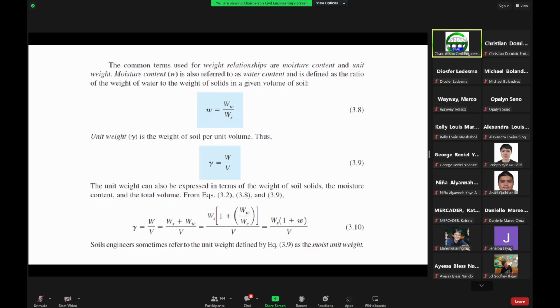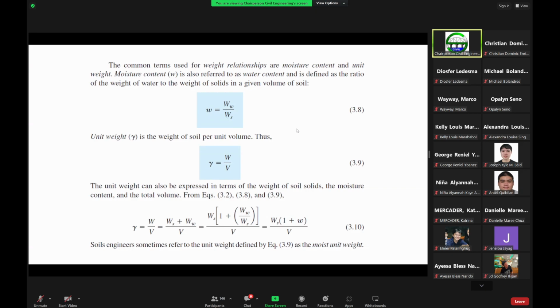Okay. Now, with respect to the weight relationships, we also need to know the formulas for the moisture content as well as the unit weight. So the moisture content, small w, is also referred to as the water content. And it is defined as the ratio of the weight of water to the weight of solids in a given volume of soil.